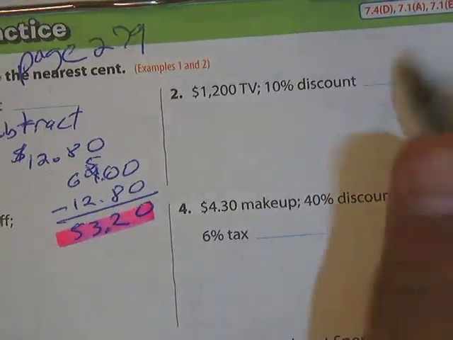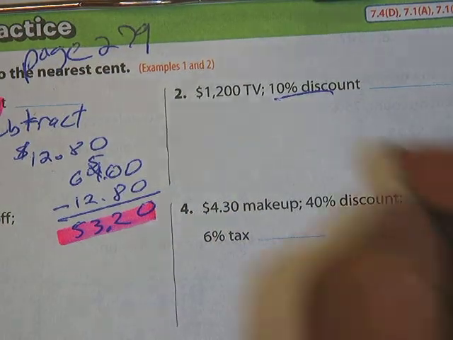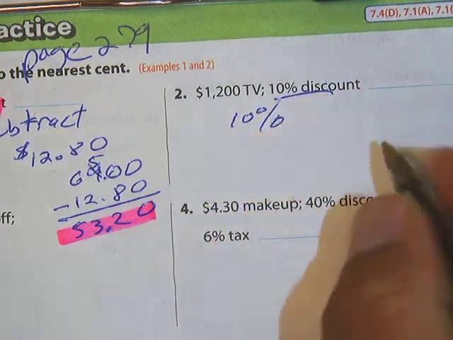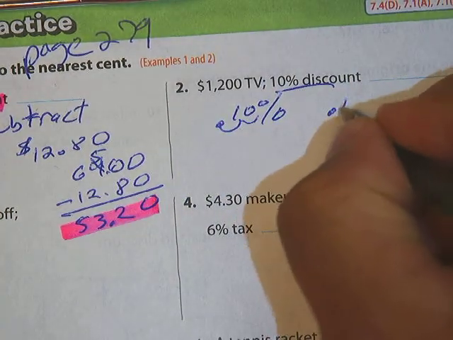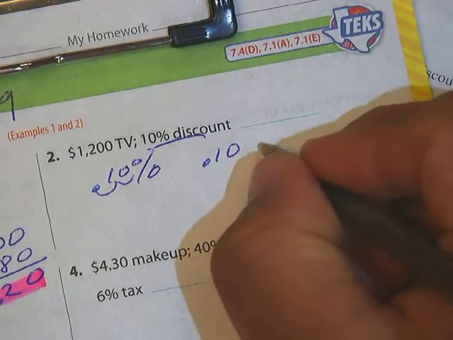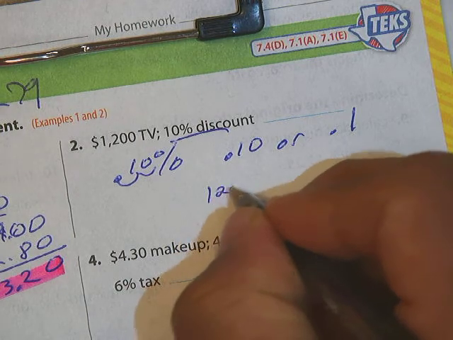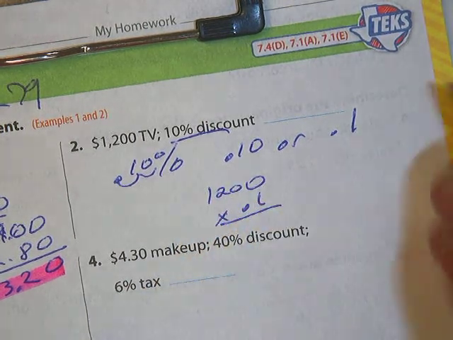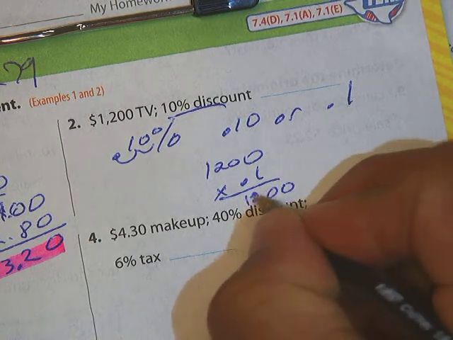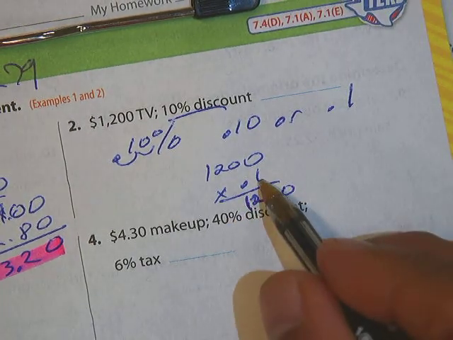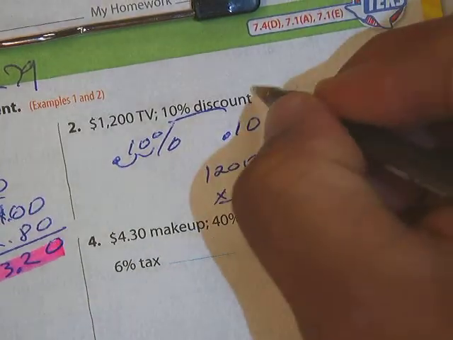Okay, number 2, same thing. You're buying a $1,200 TV, but they're going to give you a 10% discount. So first you have to convert the percent to a decimal, and so I get 0.10 or 0.1. And 1,200 times 0.1 is exactly 1,200, but we move the decimal 1 place to the left, giving $120.